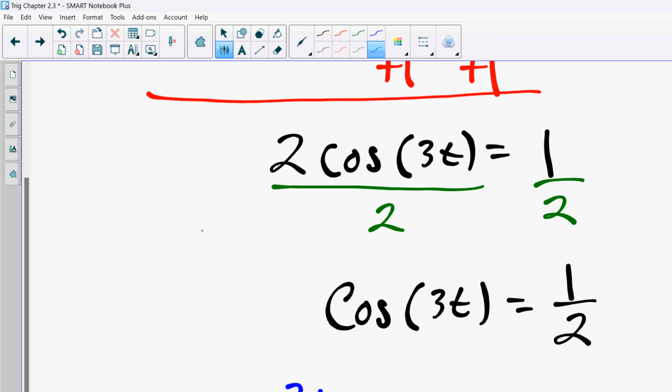And again, we can use the unit circle, seeing where cosine is 1/2. And one of the spots where it's 1/2 is pi over 3. And if we keep going around the unit circle, we'll see that it's also at 5 pi over 3.